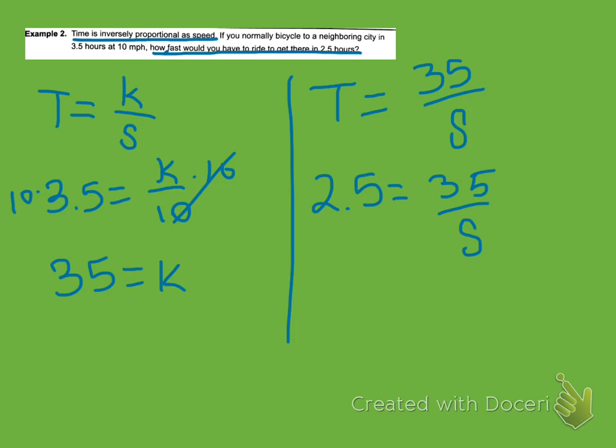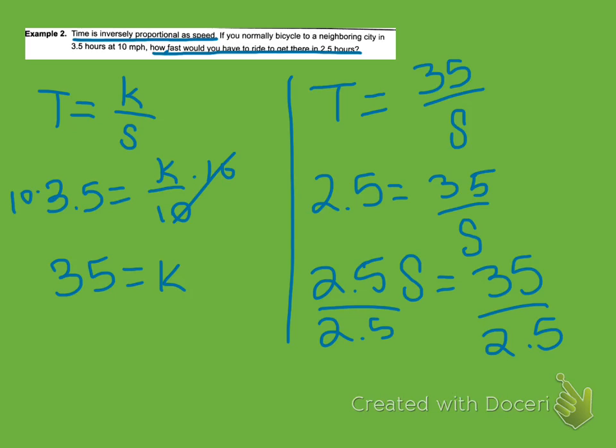We'd be multiplying by S on both sides, and they would reduce, right? And so then we would have 2.5 S equals 35. And then you could divide by 2.5 and 2.5, which would equal, I have no idea. Yes, me either. And that would equal S.